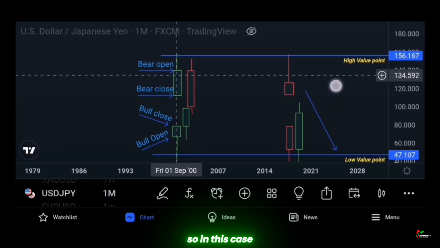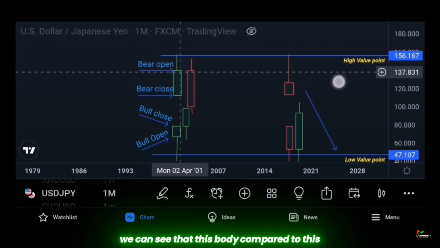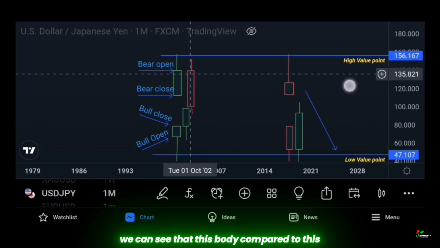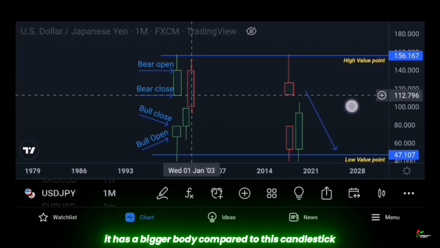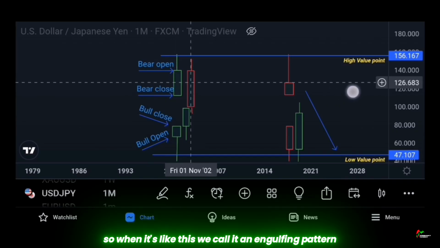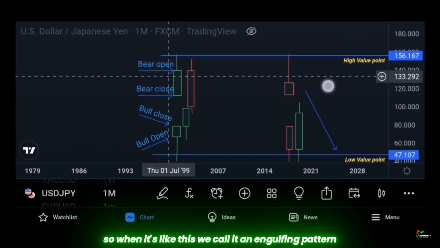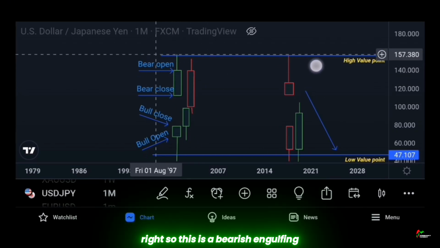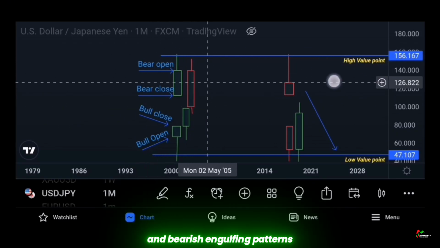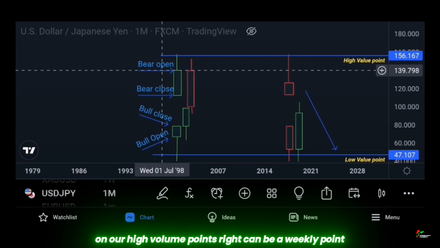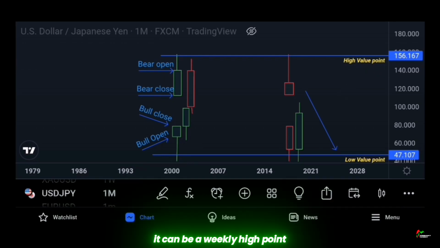In this case, we can see that this body is bigger compared to this candlestick. When it's like this, we call it an engulfing pattern, right? So this is a bearish engulfing, and bearish engulfing patterns mostly occur on our high value points. It can be a weekly high point, a daily high point, or a monthly high point, right?